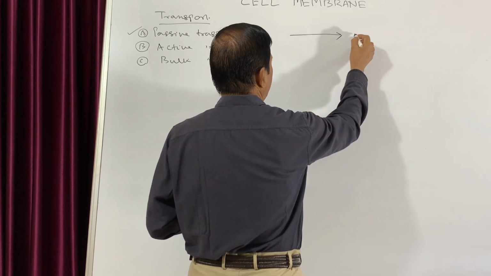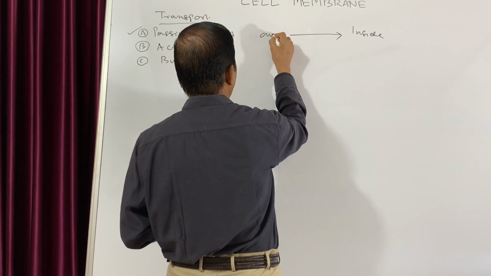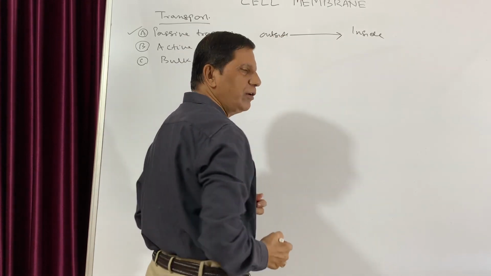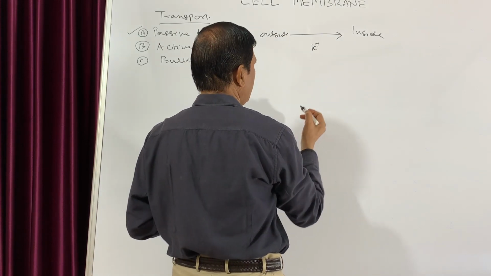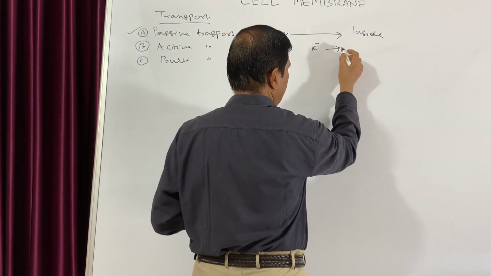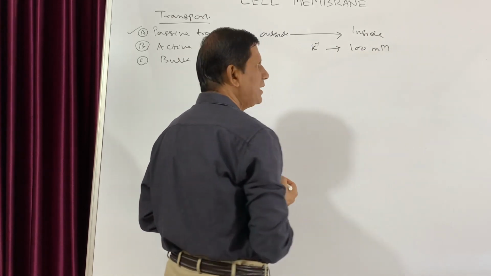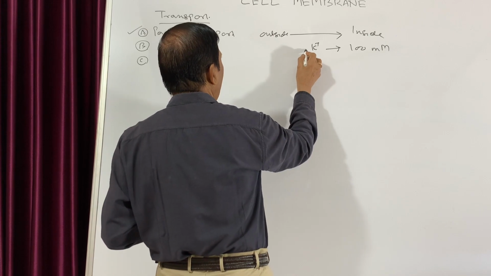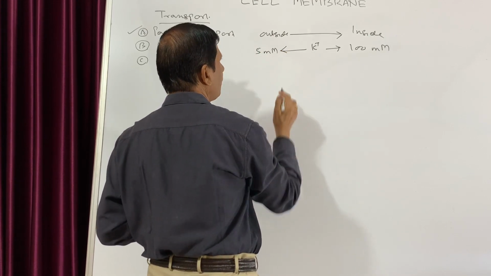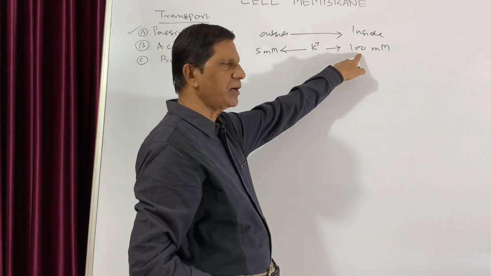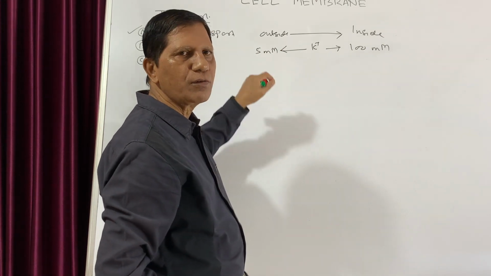if this is the inside of the cell and this is the outside, then you'll find that the potassium ions are present up to 100 millimolar inside the cell, while outside they are present in 5 millimolar. That means there is more potassium inside the cell, while there is less, 5 millimolar, outside the cell.